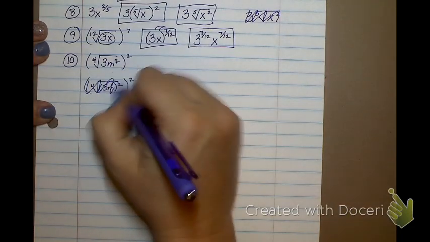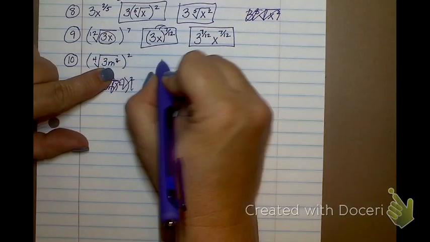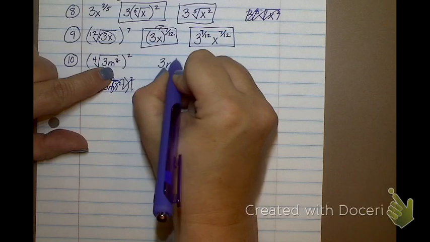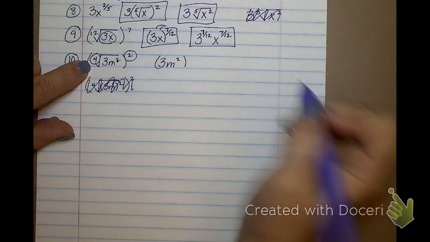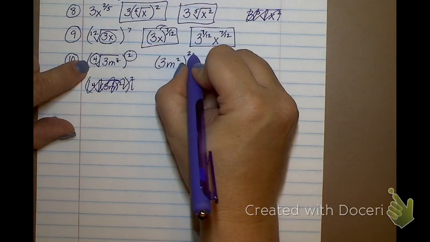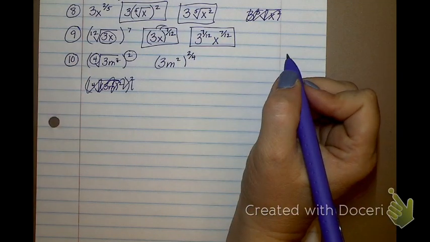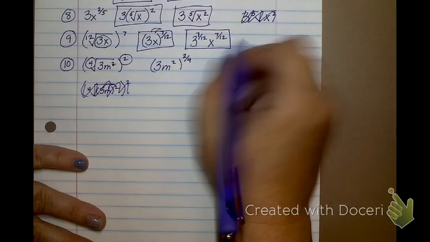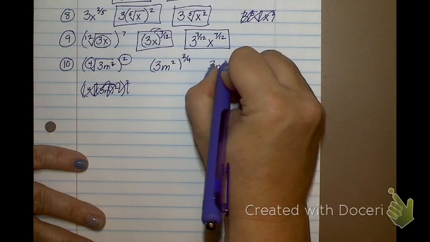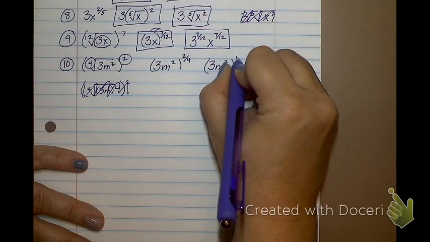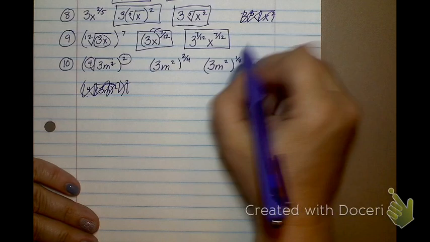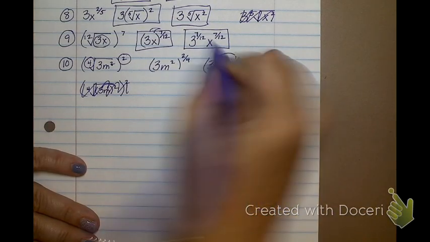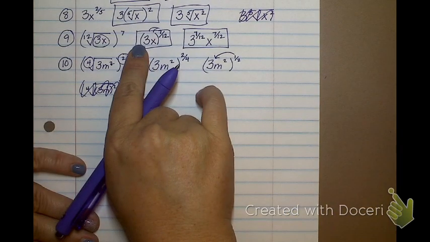So here's how I'm going to simplify this. I'm going to take the 3m squared and put it in parentheses because both of these apply to it. So that gives it to the 2/4 power. What is 2/4? Isn't it 1/2? Yes? Now, if I distribute this one, because this would be like stopping here if I stopped here.